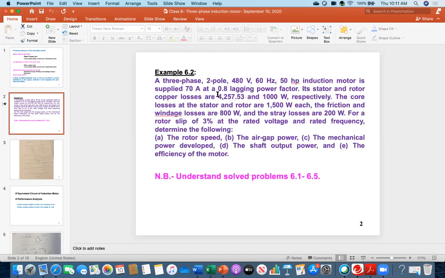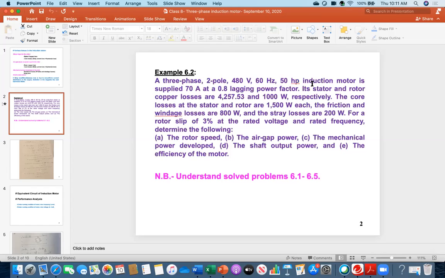A three-phase, two-pole, 480 volt, 60 hertz, 50 horsepower induction motor is supplied 70 ampere at 0.8 lagging power factor. Always remember that a motor is expressed in terms of horsepower, in the majority of cases. A generator is expressed in terms of kilowatt or megawatt. A transformer is expressed in terms of MVA or kVA, as we discussed.